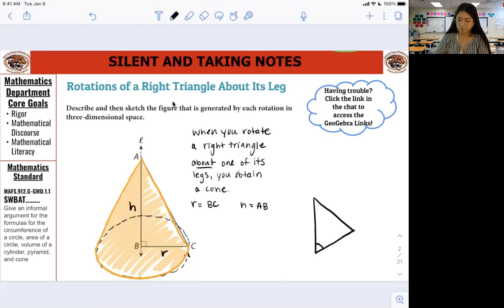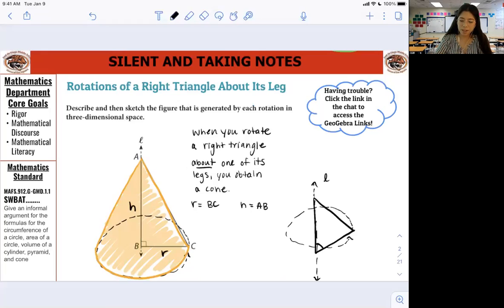What would happen? The height would be messed up. Think about it, try to visualize it. It would be a spiky cone.